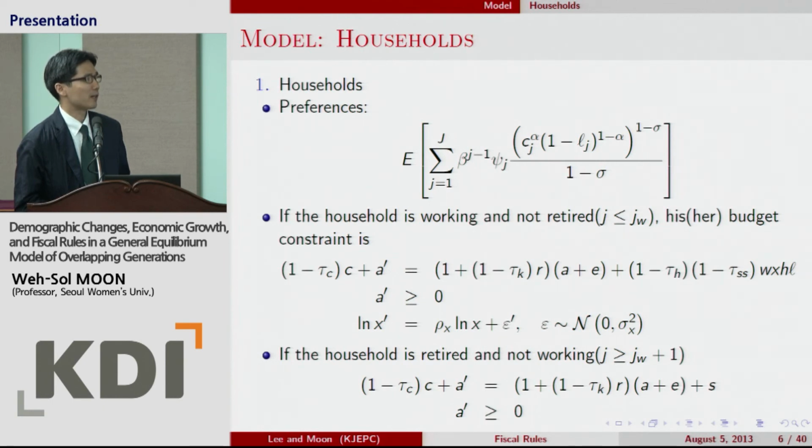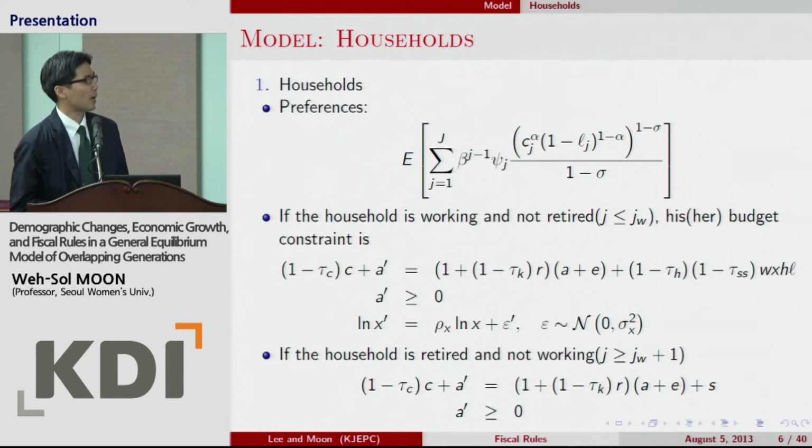I just take a purely time-separable model. There are two different productivity arguments. The first one is time-varying labor productivity, X. H is age-dependent productivity. It's fixed, determined, and only varies over age.